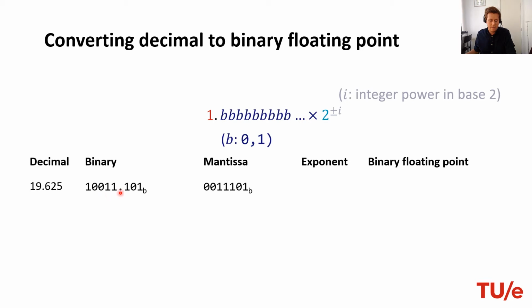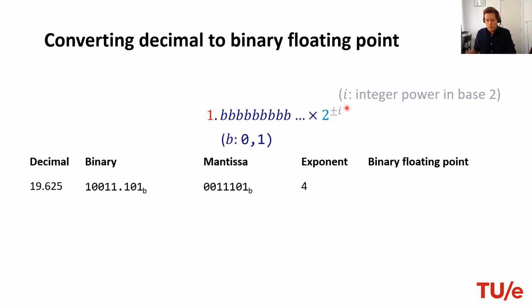And in this case, this is 1, 2, 3, 4 to the left. So this means that we have to multiply with 2 to the power 4 to go from this representation into this one. So we have an exponent of 4.